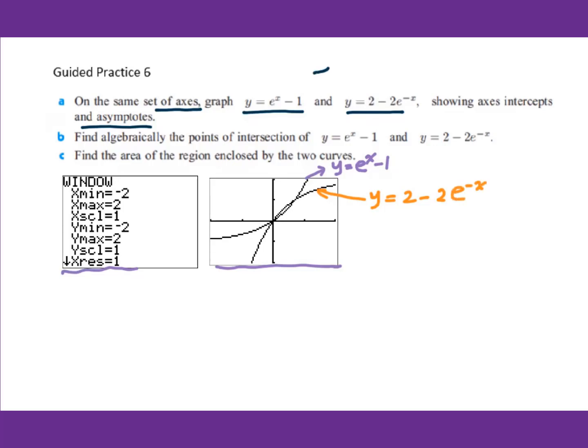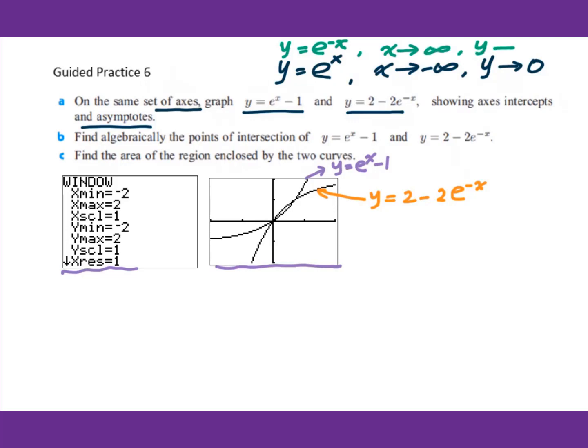For the exponential function e to the x power, when x goes to negative infinity, y goes to 0. For e to the negative x power, when x tends to positive infinity, y tends to 0.